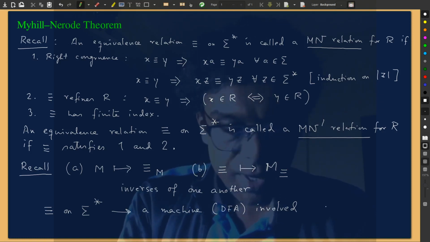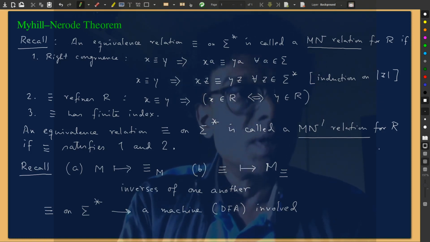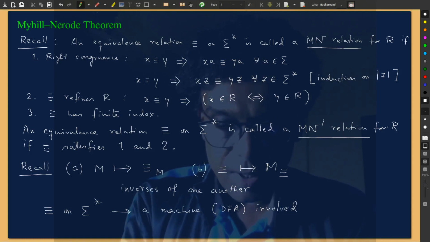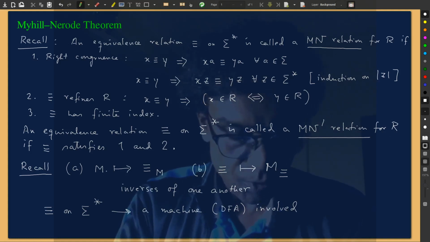So now I am going to define a relation using R alone, that is, using the strings in R and sigma star and without using any machine whatsoever.